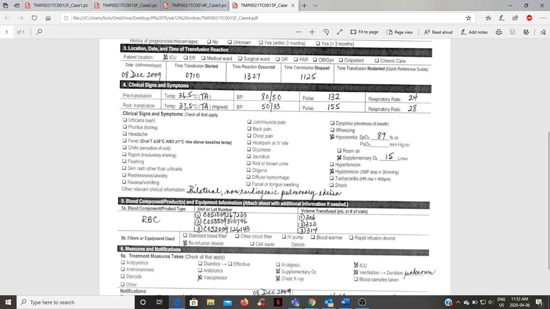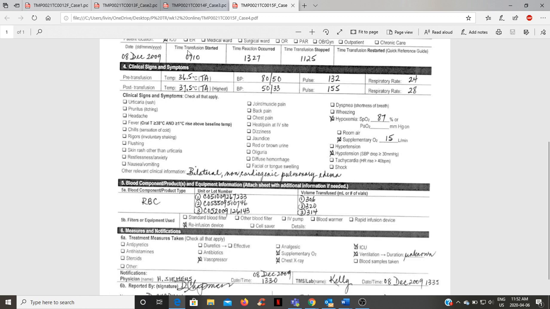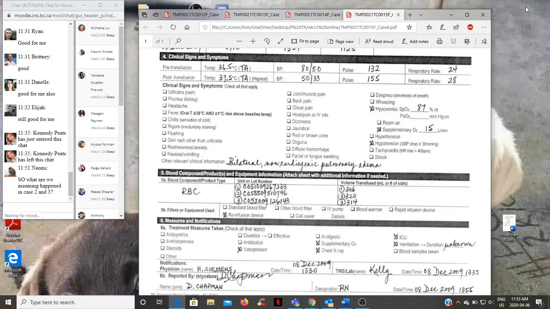So that's my question for you today. What kind of reaction do you think she is having? Given the time and the symptoms. And then down in the bottom part of the form here, she is on ventilation assistance now. So that's the end of the case studies.